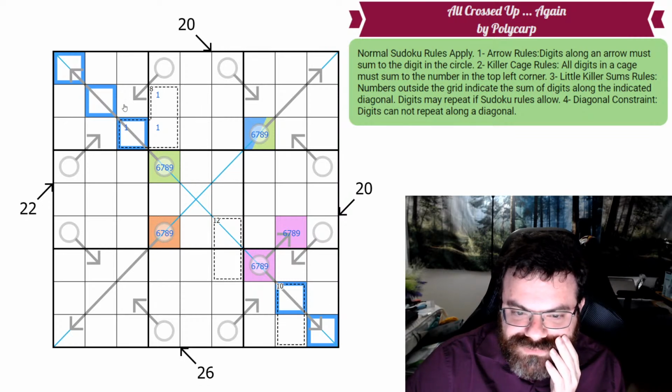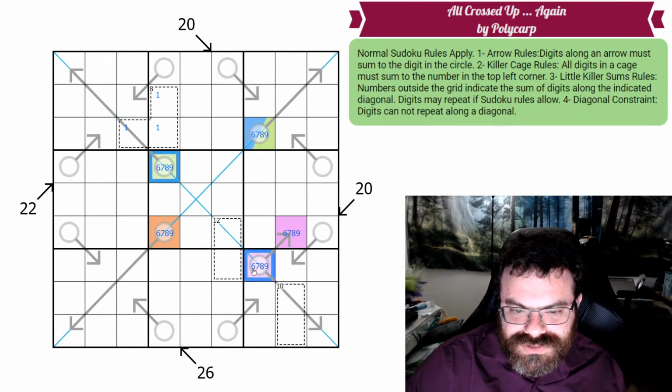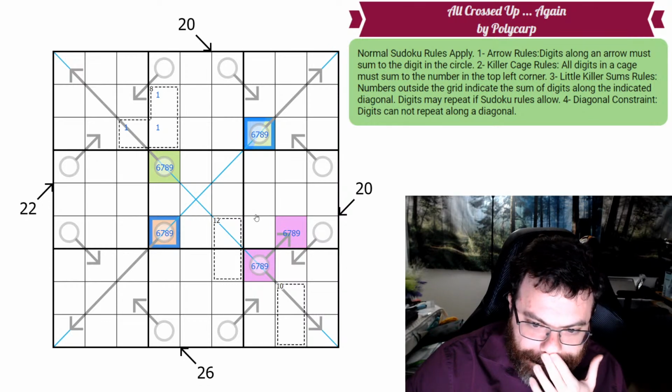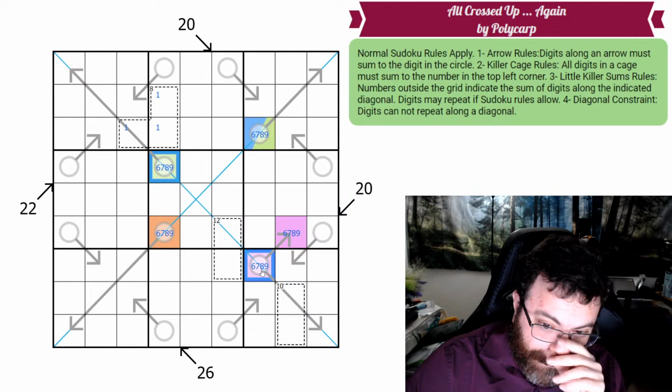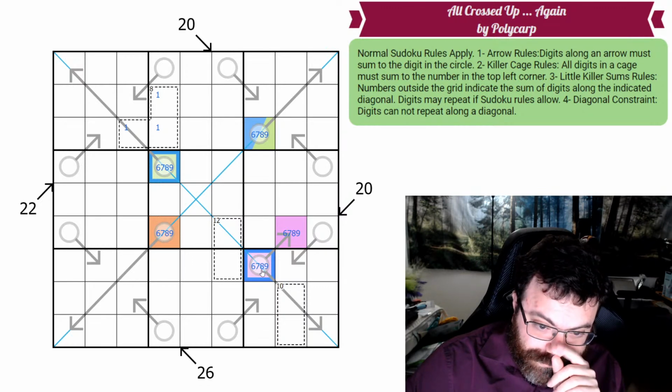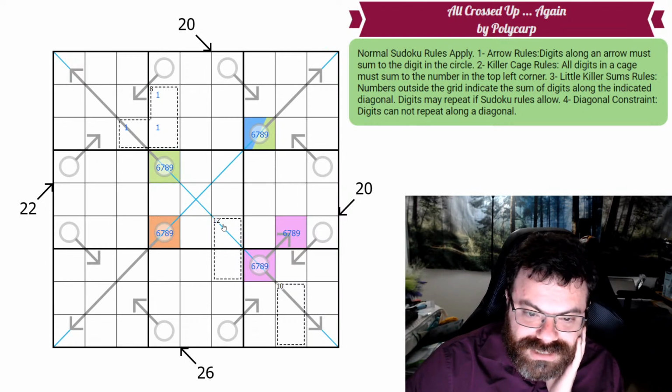Because if this added to 15, then this would also add to 15. So these add to 15 or higher, and these add to 15 or higher. So if these added to 15, no, I don't think I can make that.